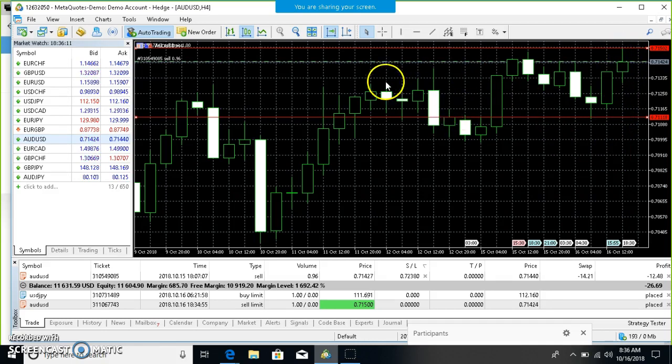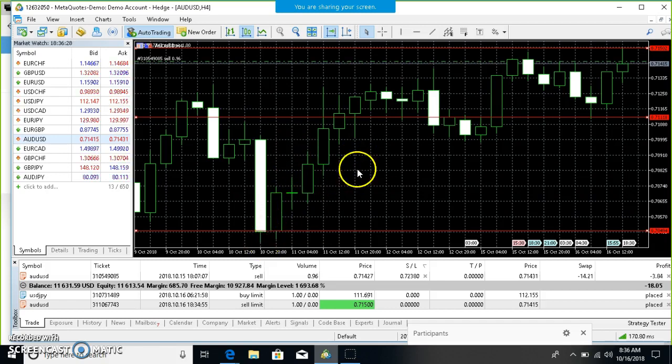I'll put my resistance line up here, and a support line, basically where the lowest point was. I've got all this area: there's my resistance, there's my support. Now I'm looking for whether it has touched. Yesterday I put it right here. That's one area. You've got a lot of activity in this area.